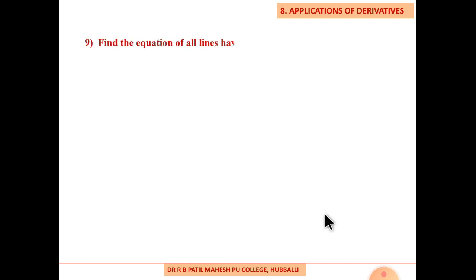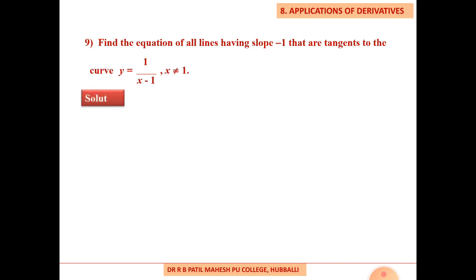Next, by using those two formulas, the equation of tangent and the equation of normal, we'll take the next example, example number 9. Find the equation of all lines having slope minus 1 that are tangents to the curve y equal to 1 divided by x minus 1, where x is not equal to 1.